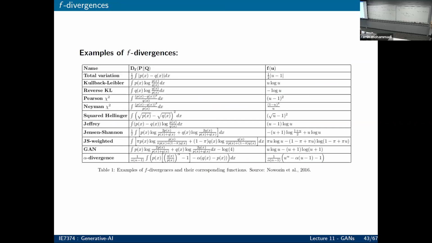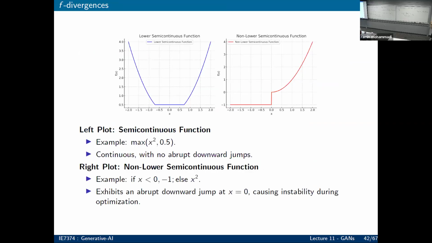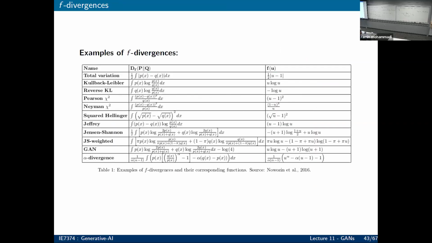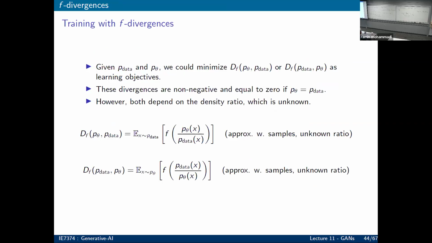We introduced this F function instead of the Shannon or KL divergence, which is a convex function, has its minimum at 1 producing 0, and is semi-continuous. It doesn't have any abrupt jump. Because this function requires the ratio, which we don't have, we're going to rewrite it so we get rid of the ratio inside.